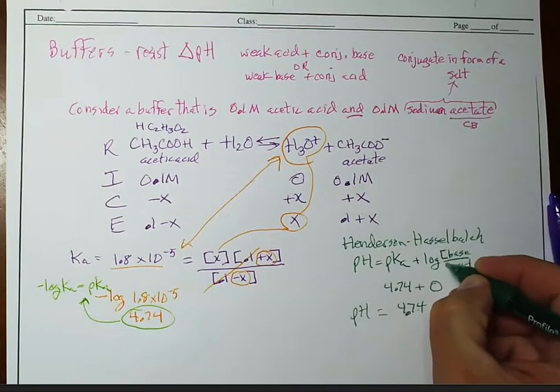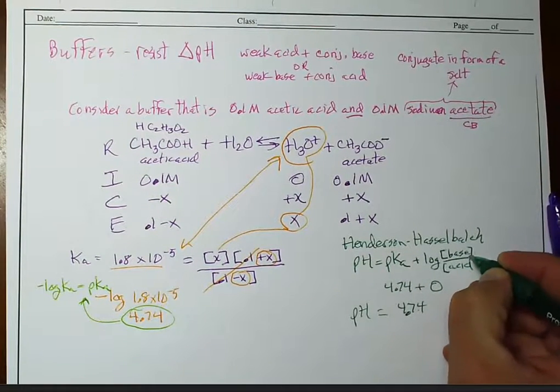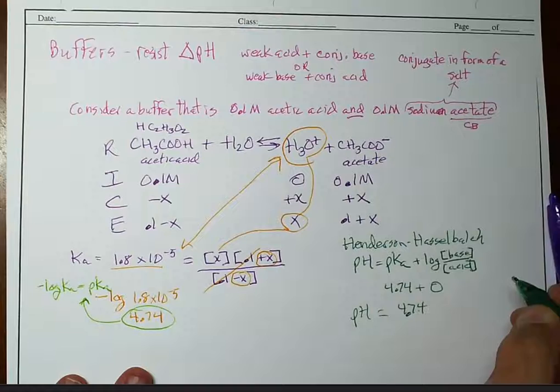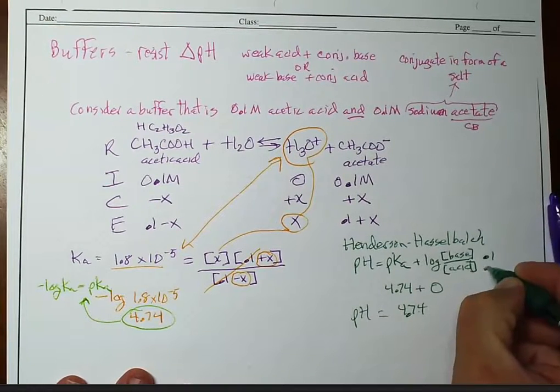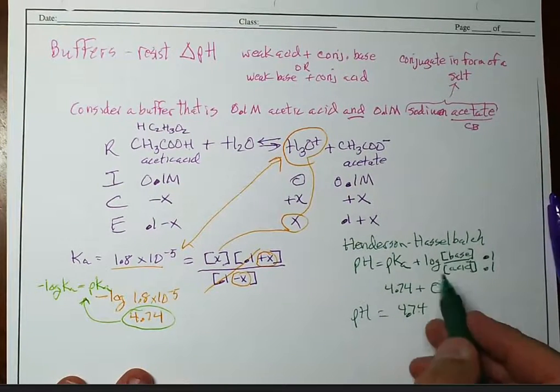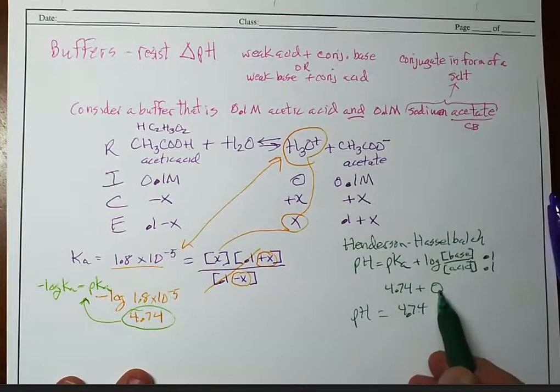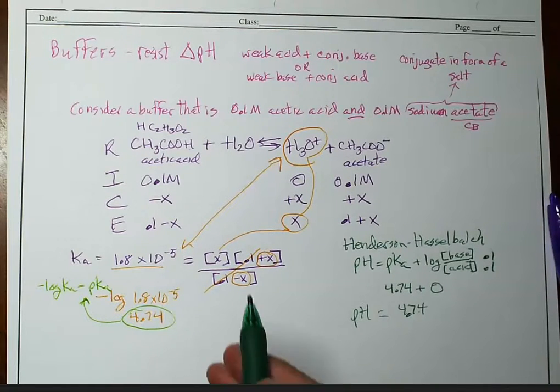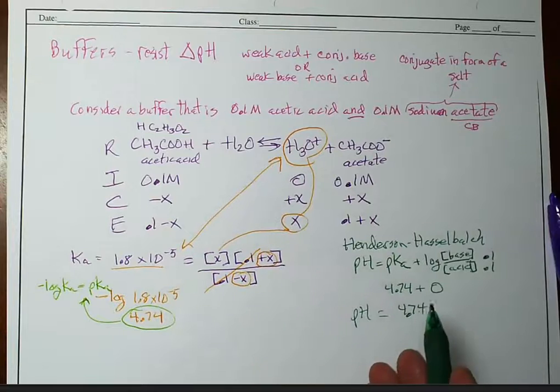Let's put those in square brackets, because square brackets mean molarity. Okay, that was 0.1 over 0.1. And the log of 0.1 over 0.1 is 0. Okay, so there's a little review of buffers and the Henderson-Hasselbalch equation.